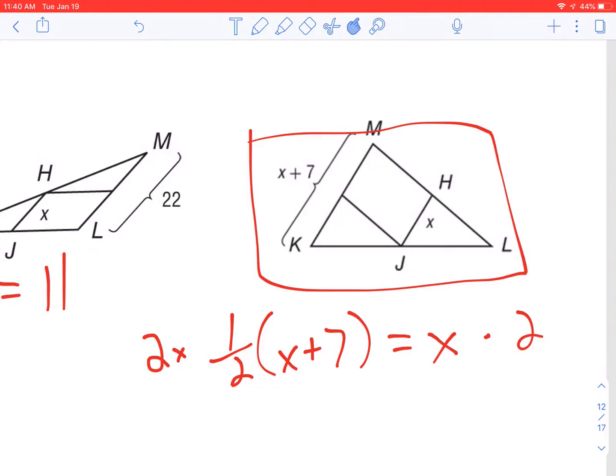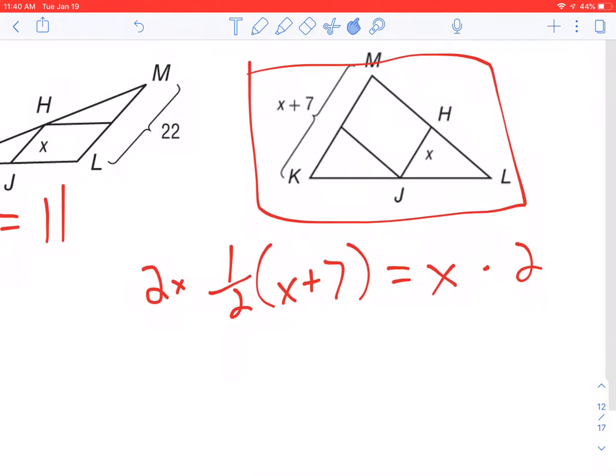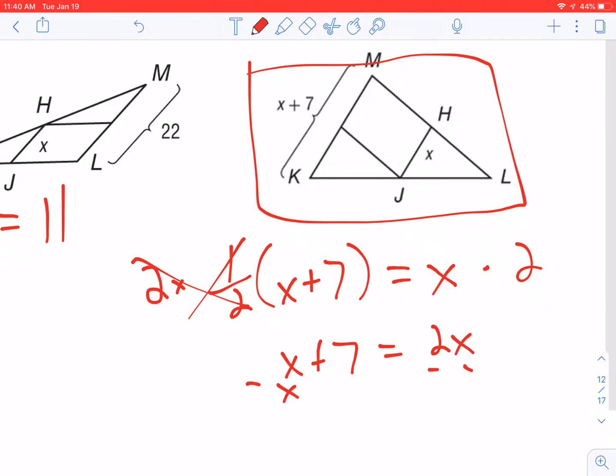Go ahead and try that. Okay, if I solve this, the reason I did that, so 2 times 1/2, those cancel. So I have x plus 7 equals 2x. And then I just subtract x from both sides, and x equals 7.